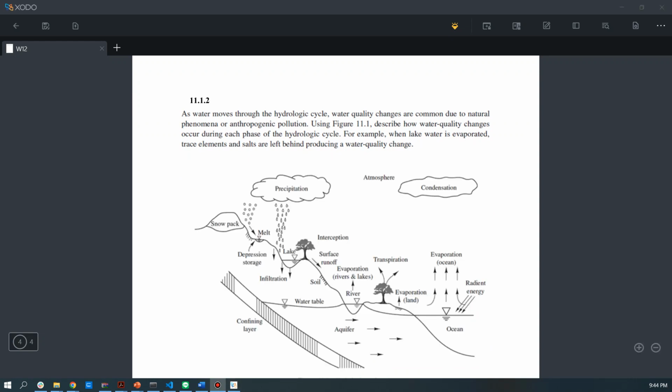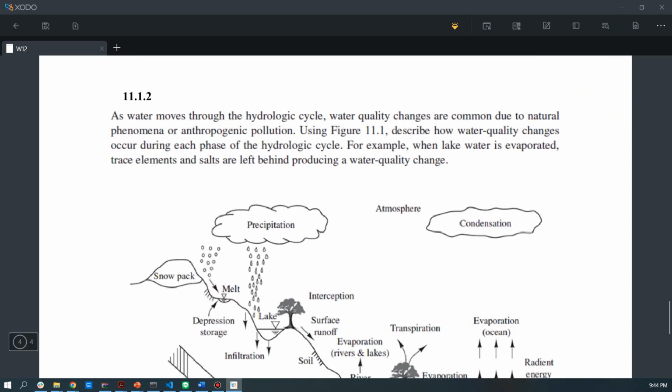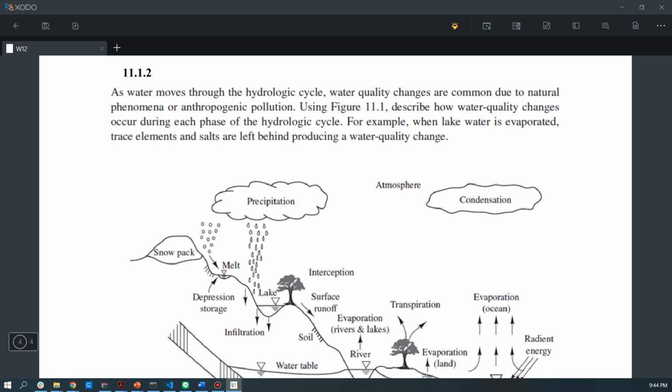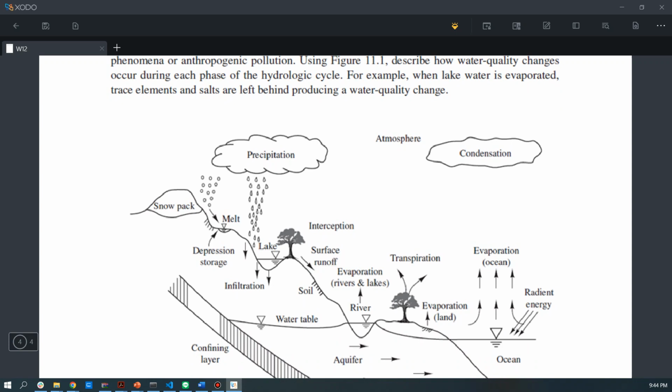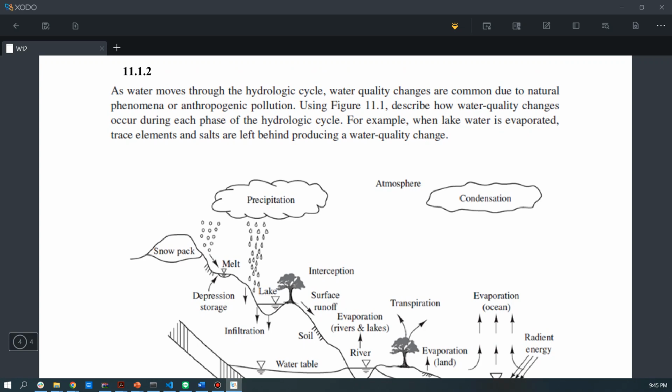Okay, now let's look at the last problem, which is more open and conceptual questions. As the water moves through the hydrological cycle, water quality changes are common due to natural phenomena or anthropogenic pollutions, and we want to see how the different processes in this hydrological cycle can affect the water quality or the pollution issue.